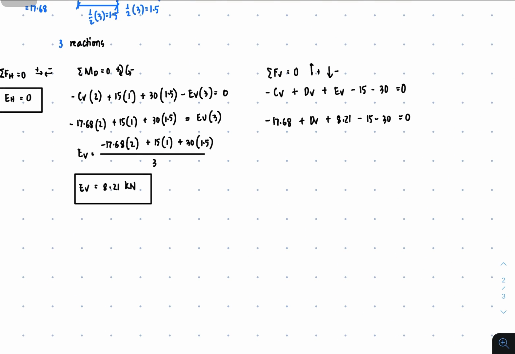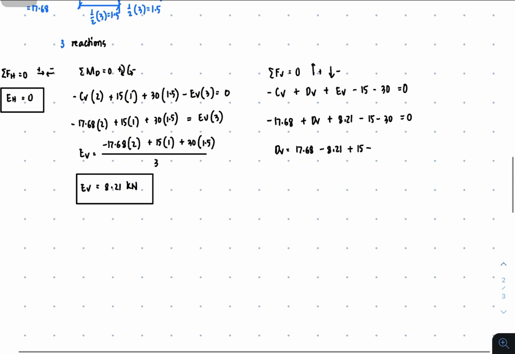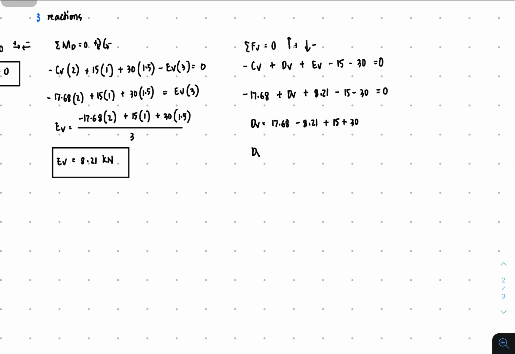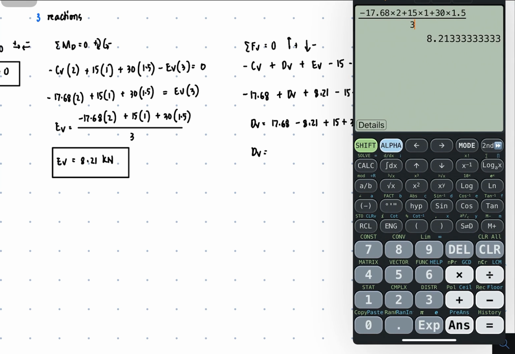So we have DV now. Transpose the constants to the other side. It will give us DV equal to 17.68 minus 8.21 plus 15 plus 30. So our DV is now solved.